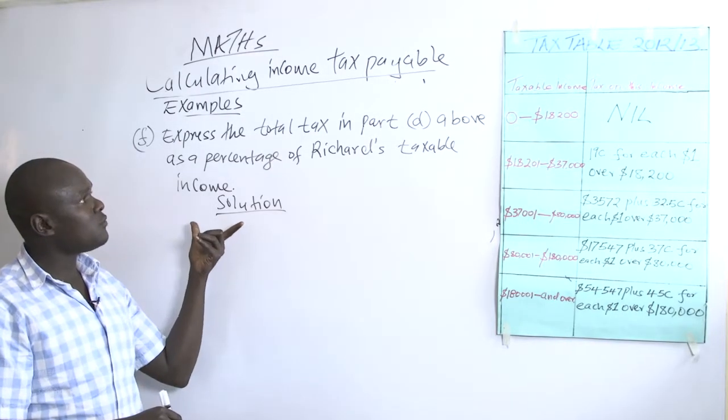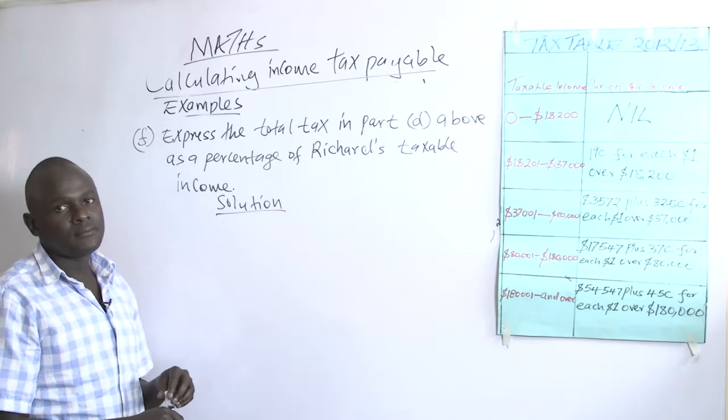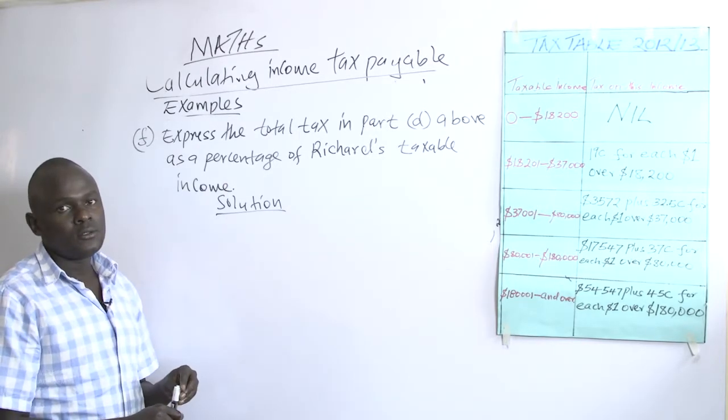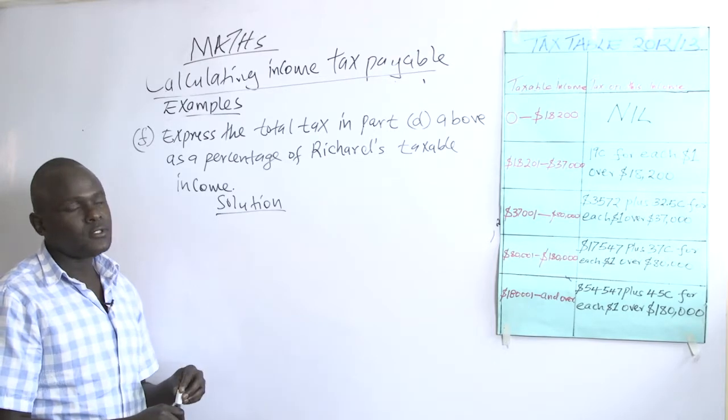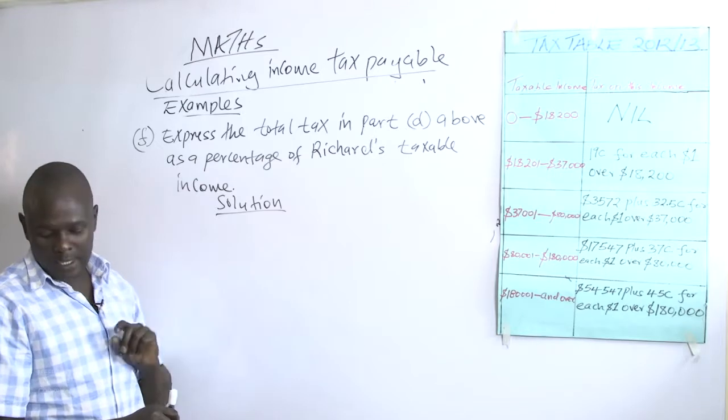given amounts and quantities as percentages of others. In this particular case, we want to express the total tax that Richard pays to the Australian Tax Office as a percentage of his taxable income.